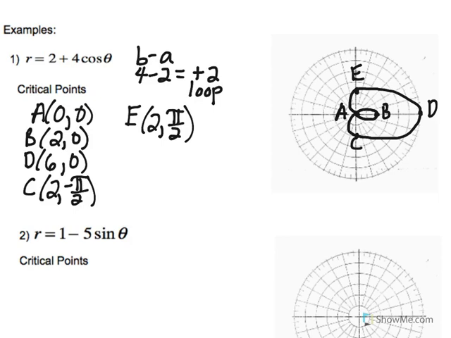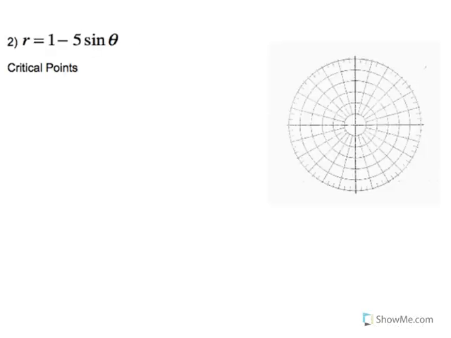Our next example is going to be a negative sine limacon. This one's going to be a little tricky to draw because it's kind of skinny. Again, if I do b minus a, so 5 minus 1, ignore the negative sign. This just means that you're going to have that negative equation that you're working with. So a and b are always positive. 5 minus 1 is going to give you 4. Again, it's positive, so you're going to have a loop.